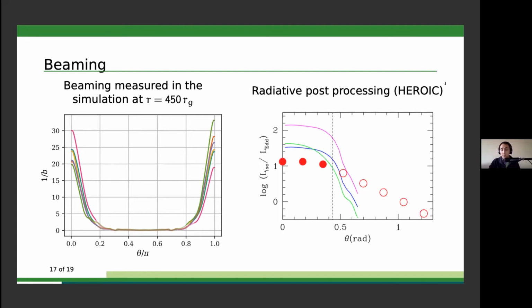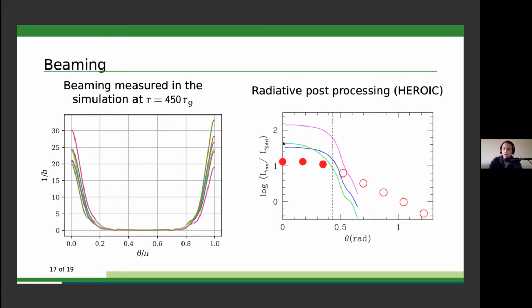Because in M1, the scheme that evolves the radiation for Koral, you can only give it one preferred direction, and you can't allow radiation beams to cross each other. So you might wonder, maybe this beaming is just an effect of M1.